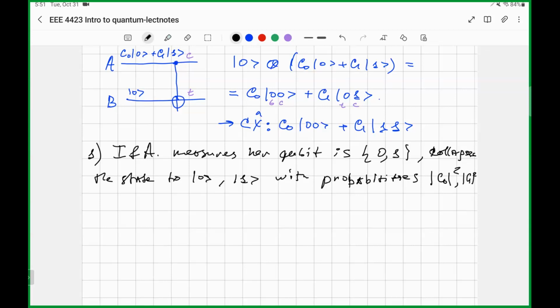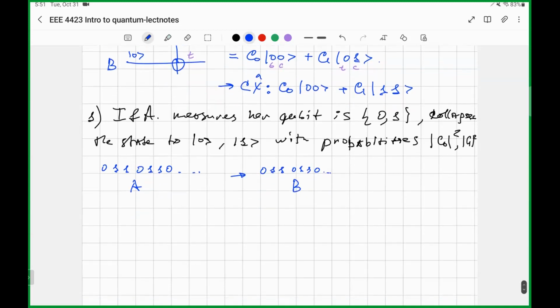Right? So for example, if she measures something like 0, 1, 1, 0, 1, 1, 0, etc. at Alice's side, then Bob gets exactly the same string 0, 1, 1, 0, 1, 1, 0, etc. And this is something called shared randomness.